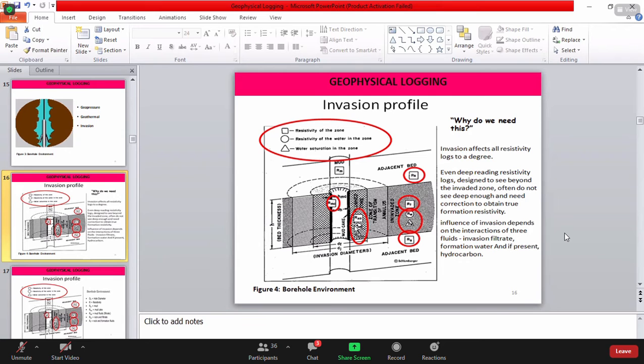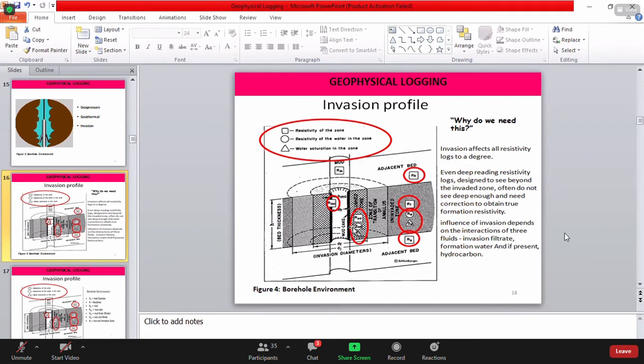So for this borehole environment, we have some region that has been invaded, and the region that is uninvaded. The region that is invaded is divided into two. The first region is the flushed zone. Then the second region is the transition or the anomalous zone. So in this flushed zone, what happens?